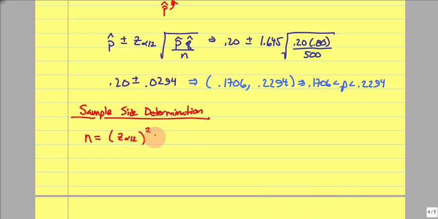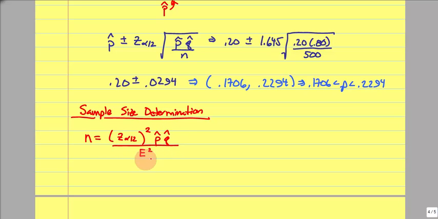And again, you can verify this algebraically by taking the formula up here and setting it equal to E and solving. And this is going to be over E, which stands for my margin of error, squared. So this is my sample size determination formula, and this will hold true for p hat, q hat.